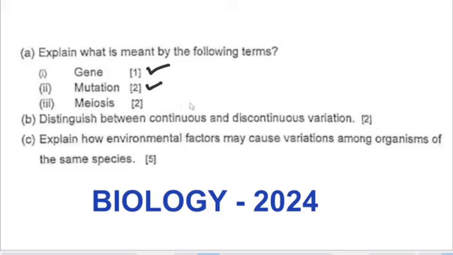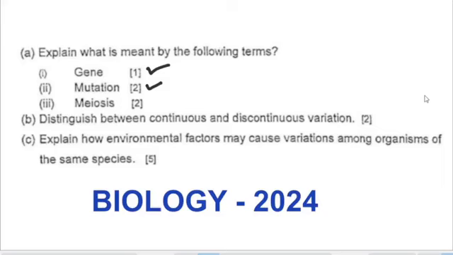Let us now look at our last question, which is meiosis, under question A3. So what is meiosis? Meiosis is just a type of cell division that produces 4 haploid daughter cells from a single diploid parent cell.